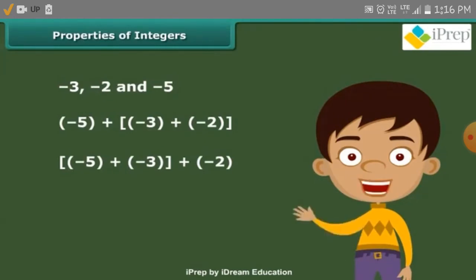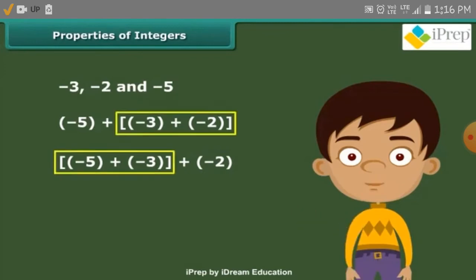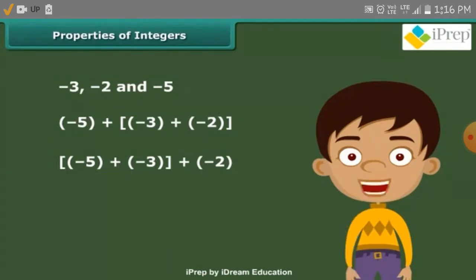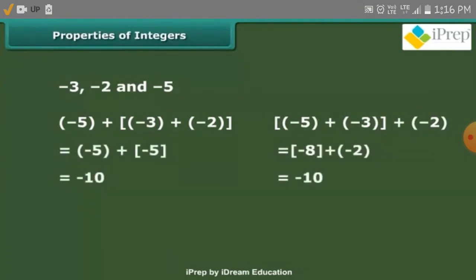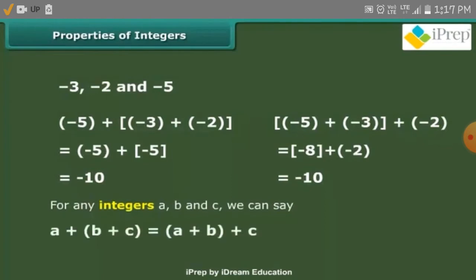In the first sum, -3 and -2 are grouped together, and in the second, -5 and -3 are grouped together. In both these cases, we get the answer as -10. This shows that addition is associative for integers. In general, for any integers a, b, and c, we can say a + (b + c) = (a + b) + c.